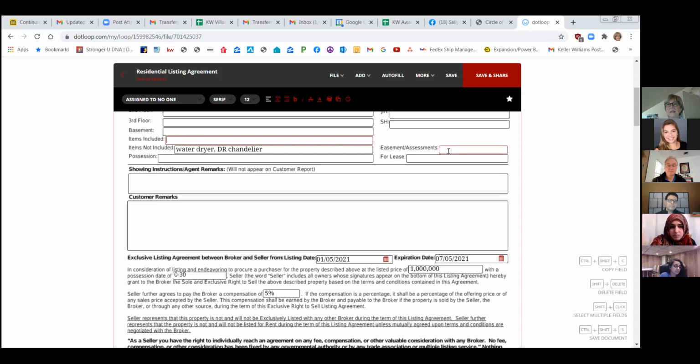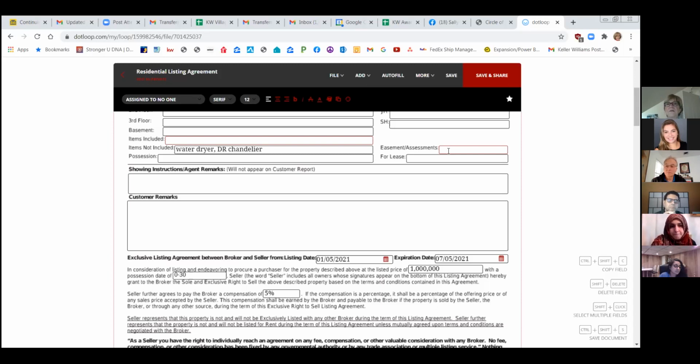And the deal is, if there's an easement, that they have to be allowed access. However, if they wreck something, they have to put it back to the original state that it was in. But you do have to disclose if there is such a thing on the property.